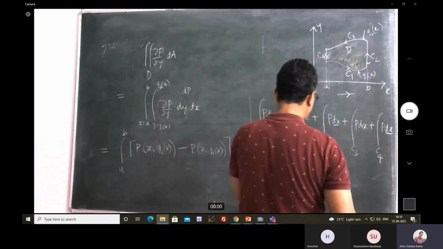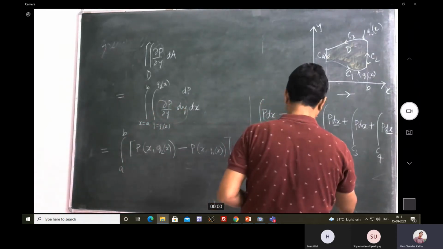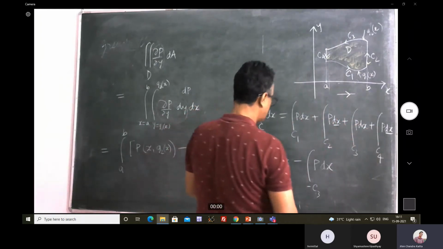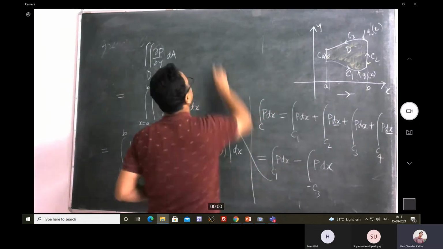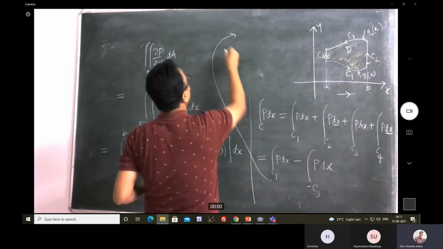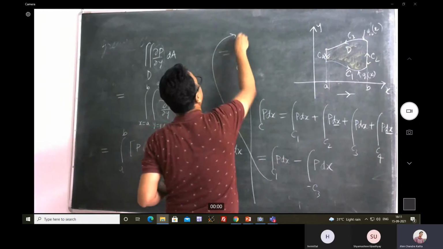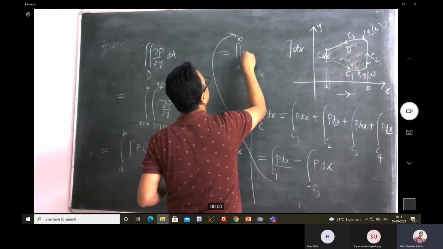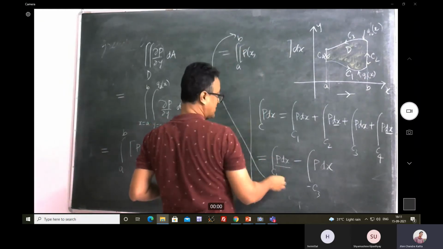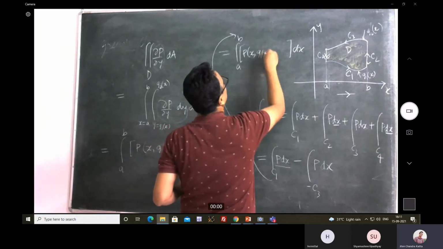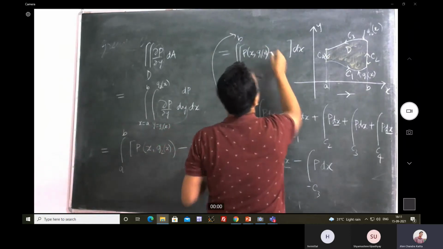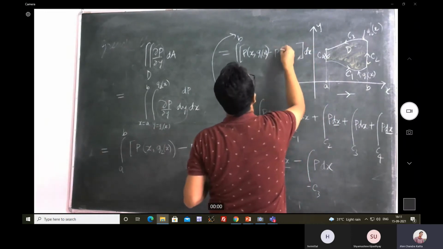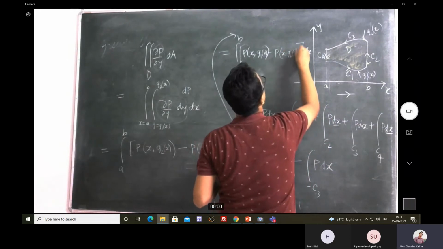So what is going to happen? For the first one, can you see this? Okay, maybe I will write it here. So this I can write as the integral from a to b, and for this one I can write P(x, G1(x)) since C1 corresponds to G1(x), and then similarly for the other one, this is P(x, G2(x)).